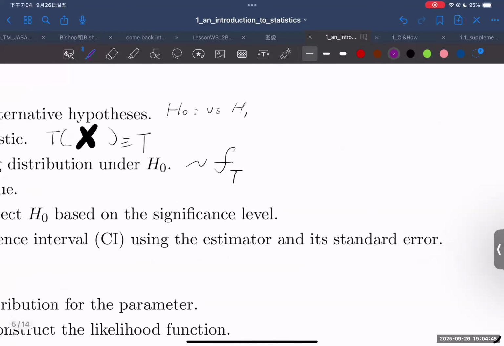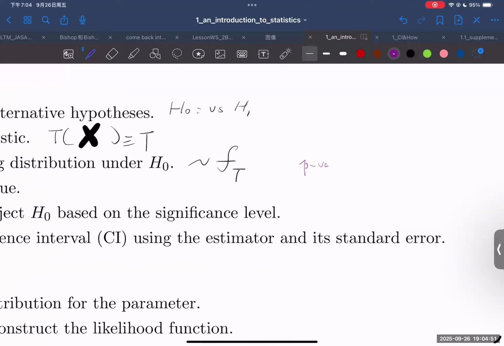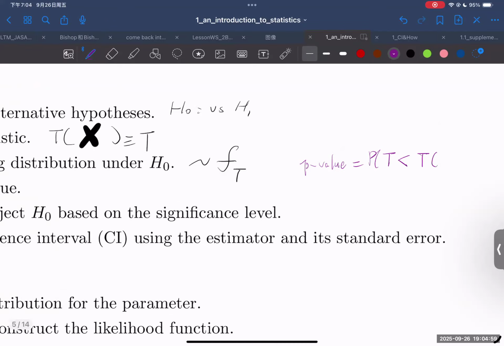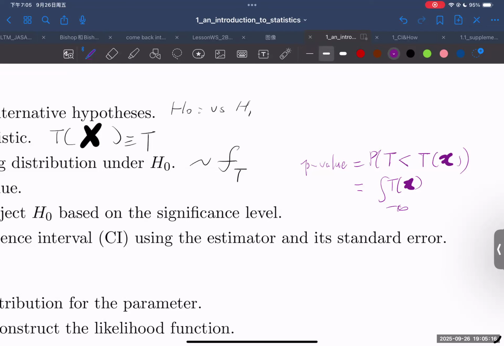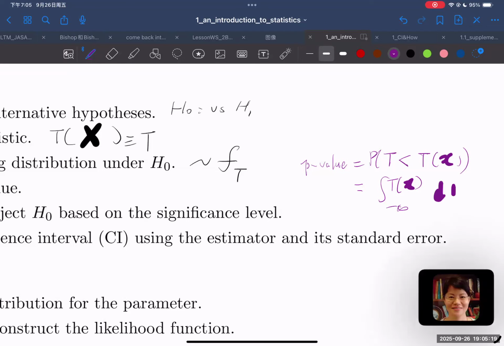Remember, for example, your p-value equals the probability that T is less than, here's the one that we have. It means you actually try to do something like here, t and x, and df.